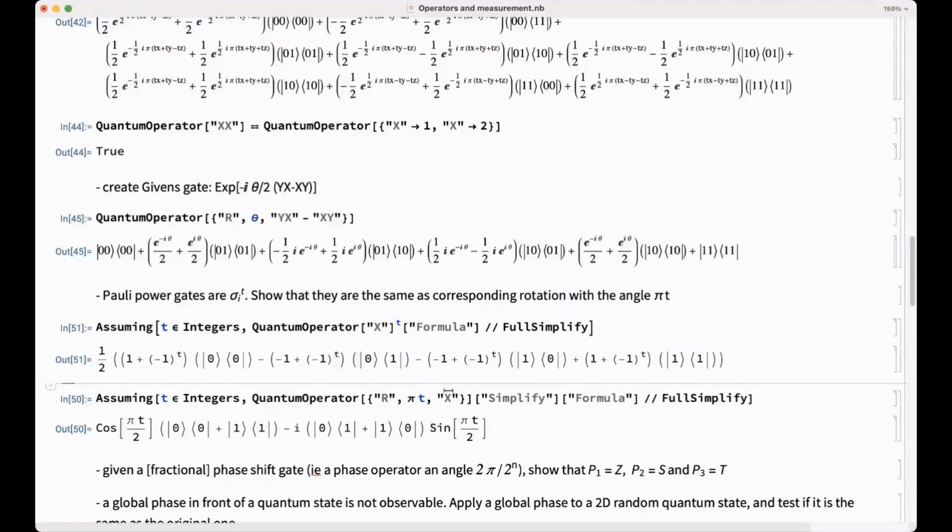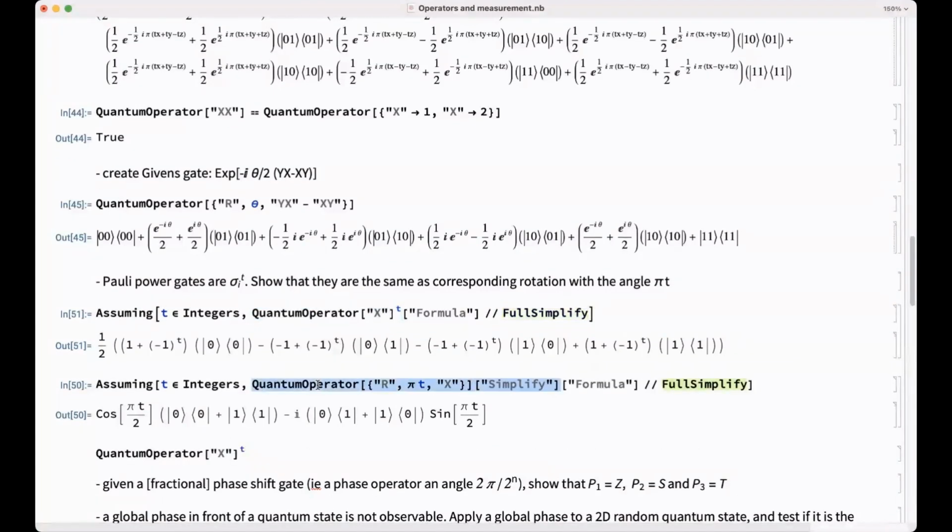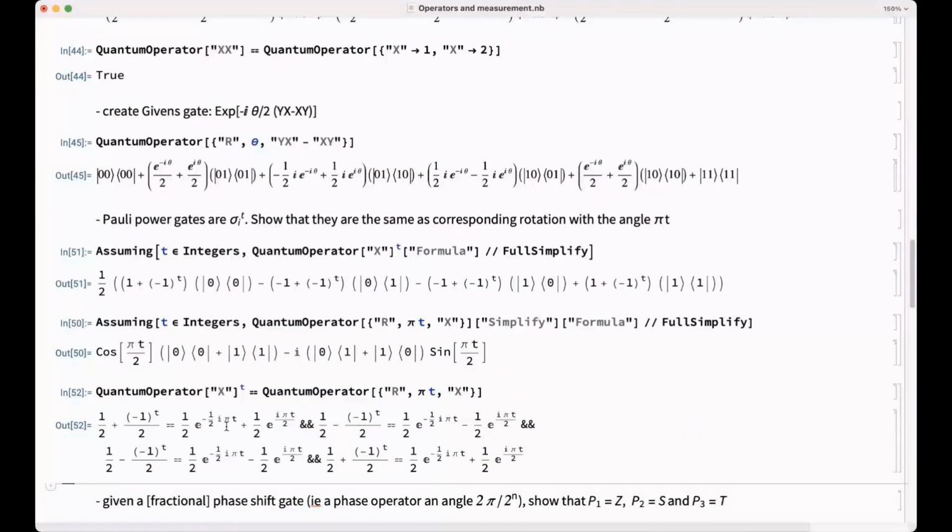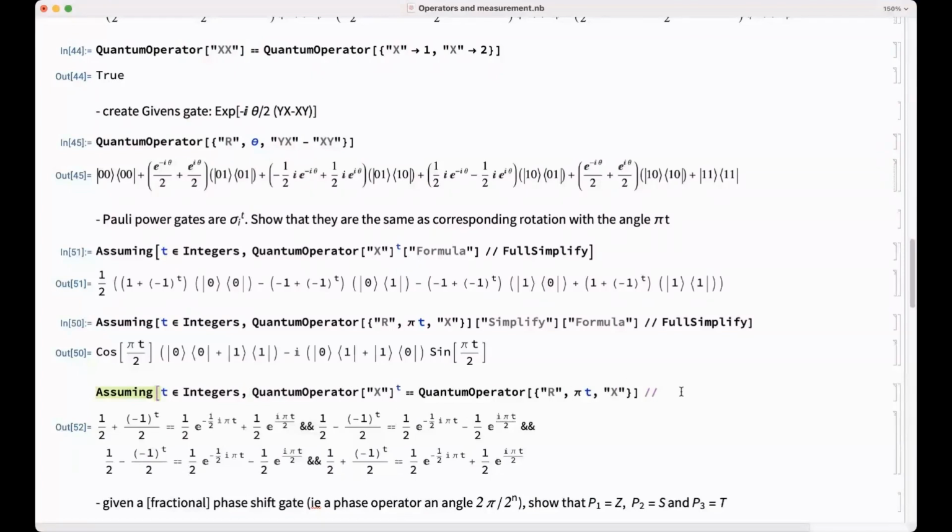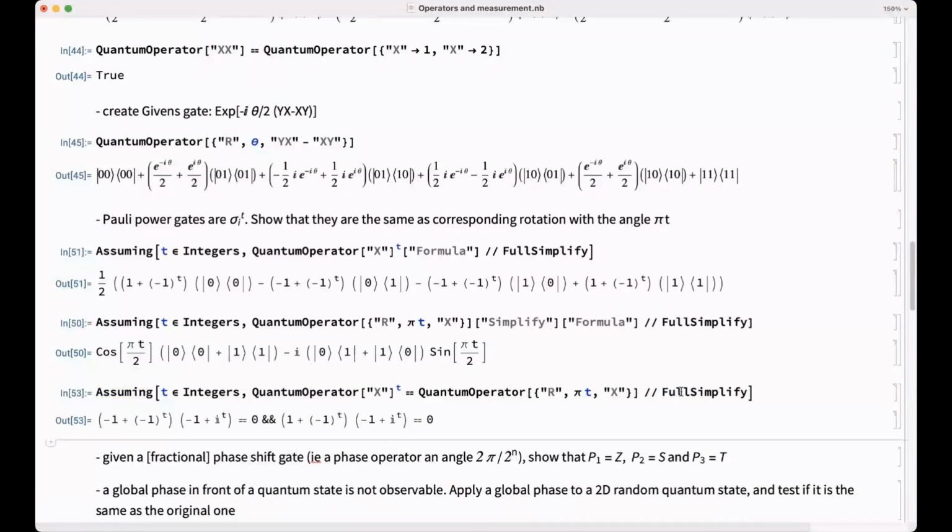Maybe go with the exponential trick. Maybe those functions help us to show explicitly that these two are the same thing. I'm sure we're doing the same thing. Let me double check that. Yes, they are the same thing. Pauli. Let me just implement it on my end. Yep, they're the same thing.